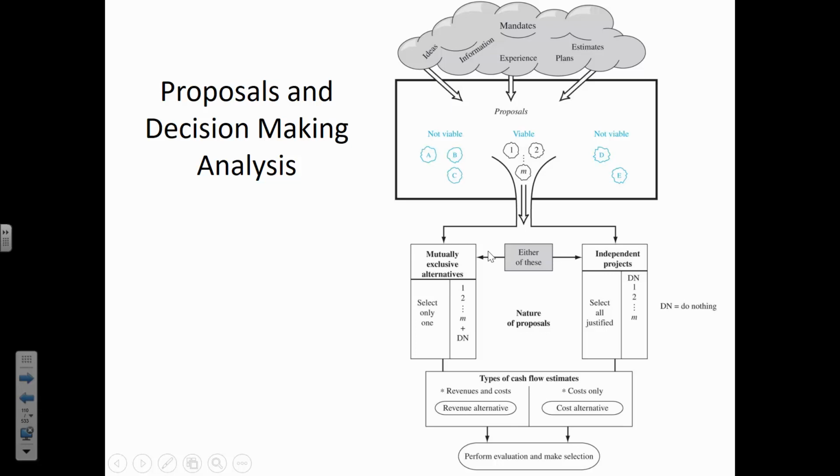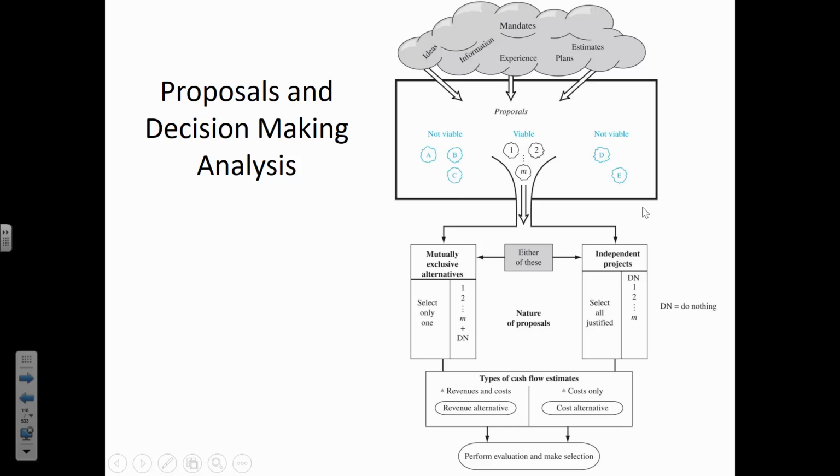So there are viable decisions that would then be sorted among two different categories. There are situations where you only need one solution, and so you'd have to pick which one is best. Those are mutually exclusive alternatives. An example of a mutually exclusive alternative is deciding what kind of eye surgery to get. You're only going to get eye surgery from one person, so you're choosing among alternatives, all of whom could provide a similar service, but you only need it from one person.